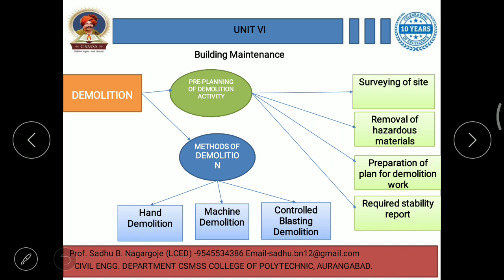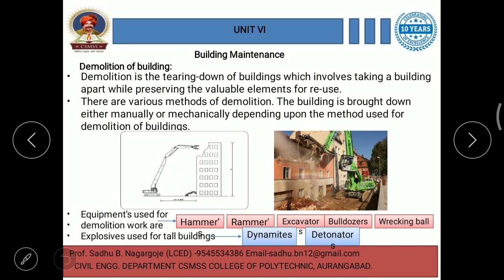Pre-planning of demolition activity contains surveying of site, removal of hazardous materials, and preparation of plan for demolition work and a required stability report. And the methods of demolition are hand demolition, machine demolition, and controlled blasting demolition. So this is all about demolition.